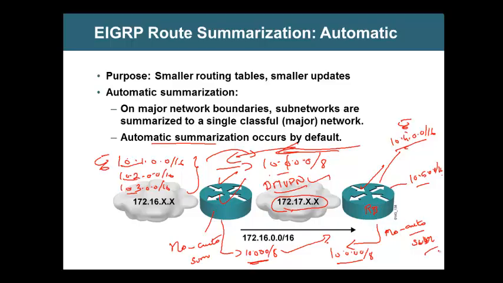When you cancel the auto summarization, only then the detailed subnets go. If both send 10.0.0.0, they don't learn each other. Oh, why are you giving me 10? I already know 10, directly connected to me. Why should I take yours? Summarization was the big problem. See, this is a drawback.